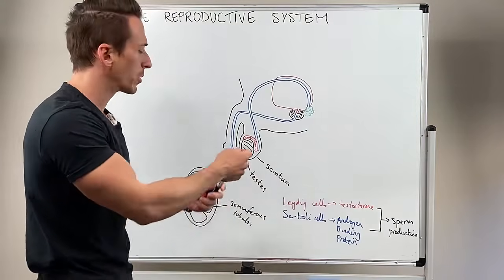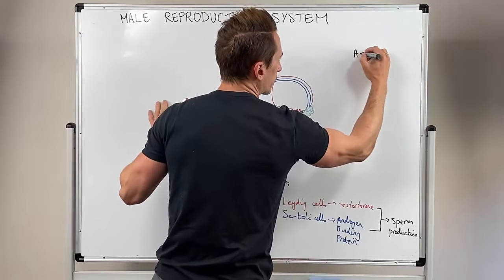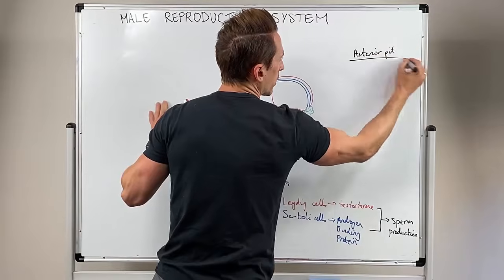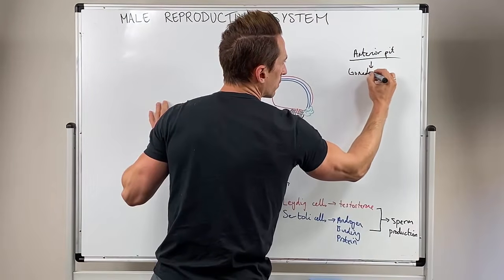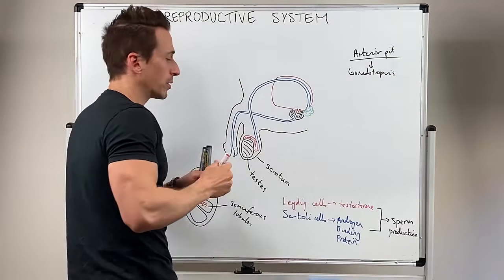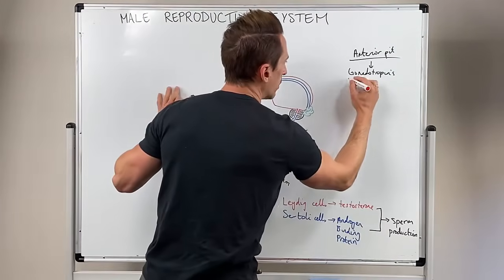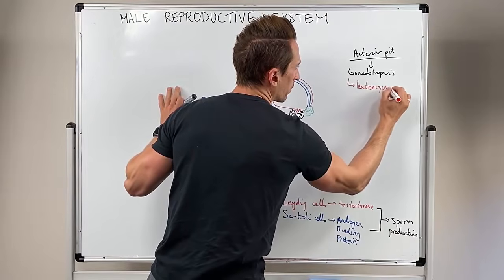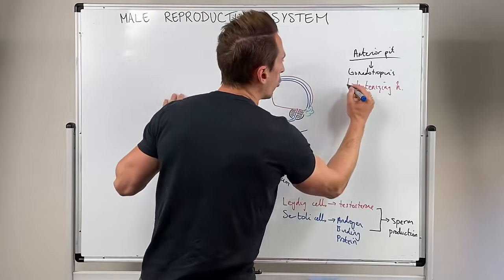The anterior pituitary releases something called gonadotropins. There are two types of gonadotropins: luteinizing hormone and follicle stimulating hormone.